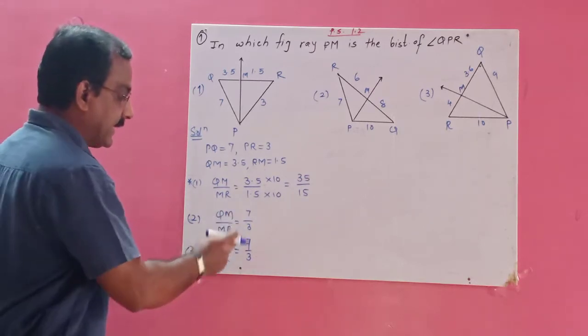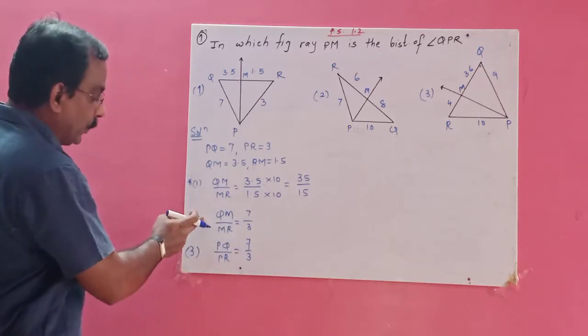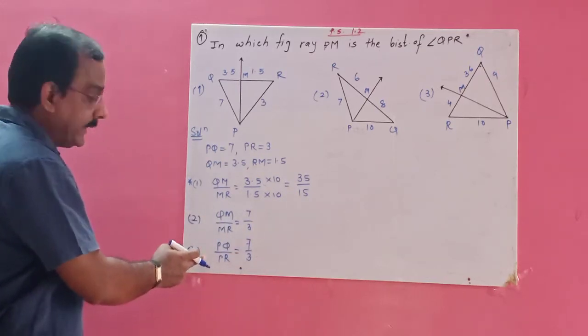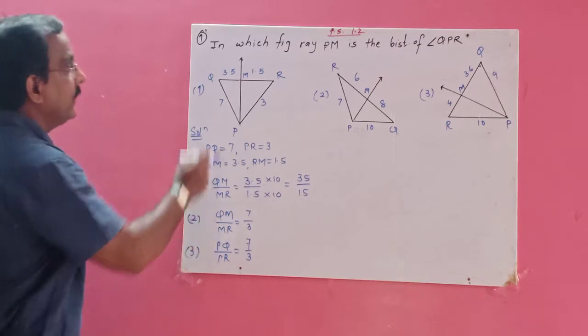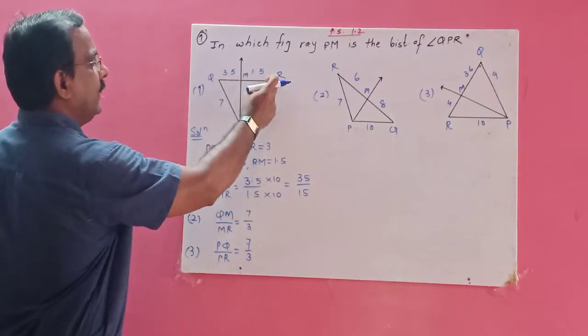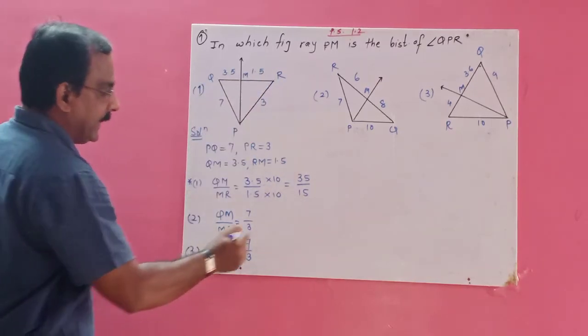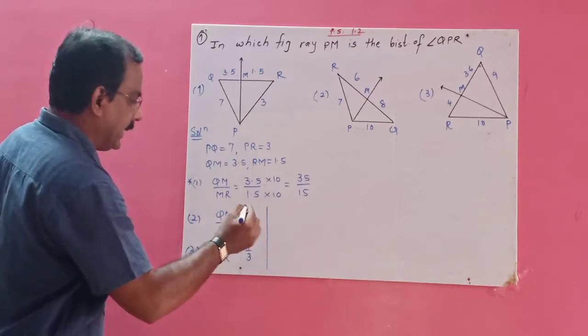Means the right hand sides are equal. So from 2 and 3, what will you get? QM upon MR is equal to PQ upon PR.